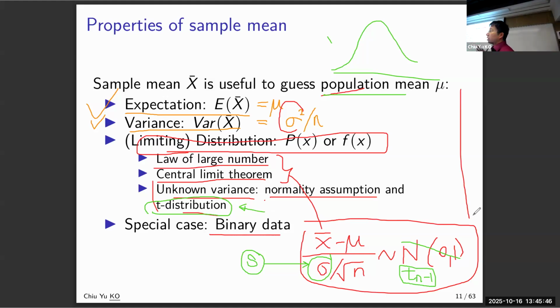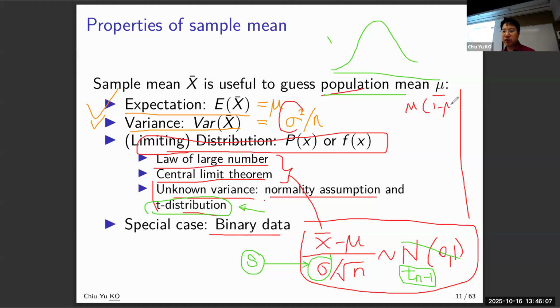Why? Because remember, for binary data, if you know the mean, you know the variance, right? The mean times 1 minus the mean is the variance. If the population mean is mu, the population variance is mu times 1 minus mu, right?